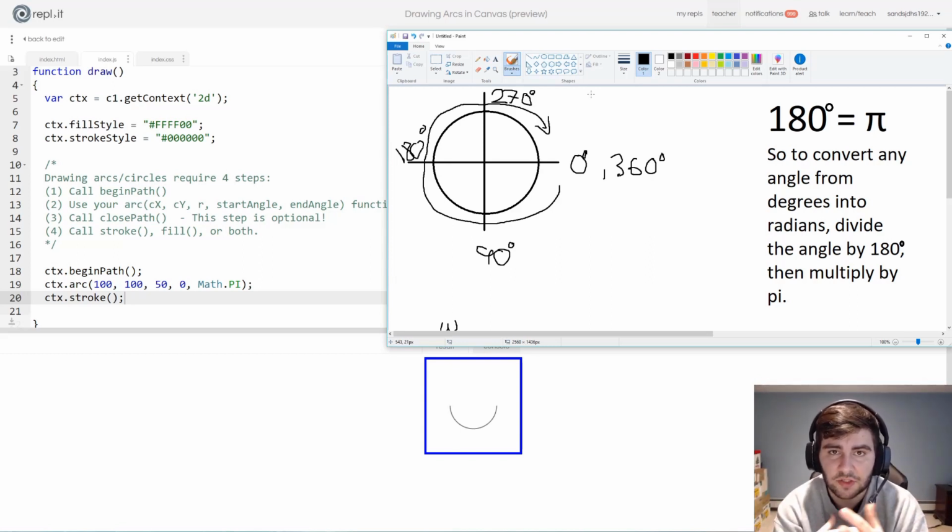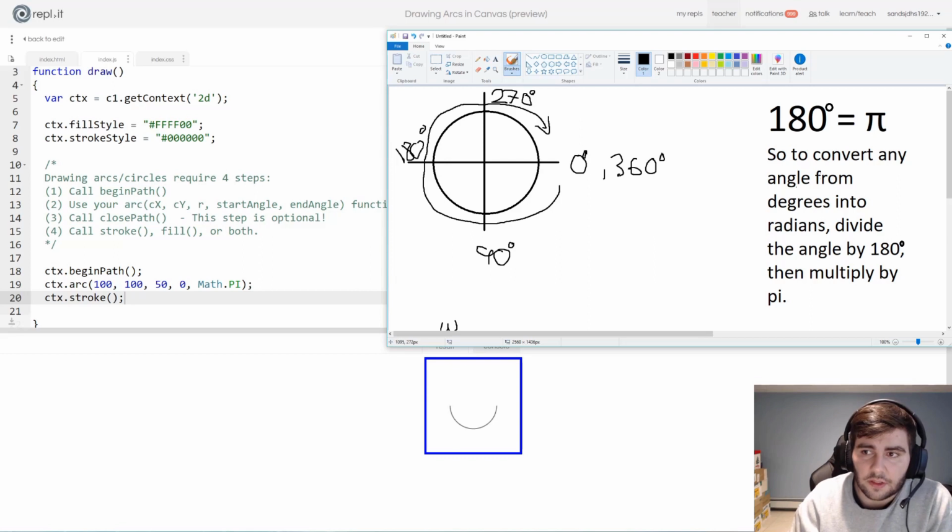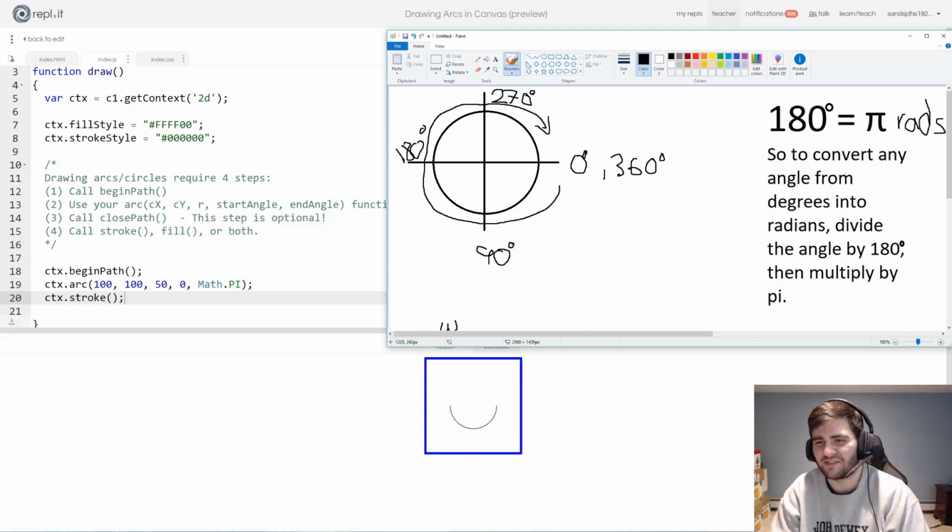Now, as I mentioned, Canvas uses radian values, all right? And all that you need to know here is that 180 degrees is equal to pi radians, or I'm just going to write rads for the sake of saving time.